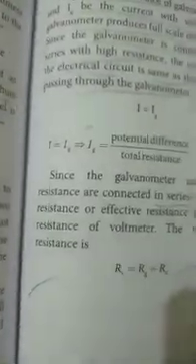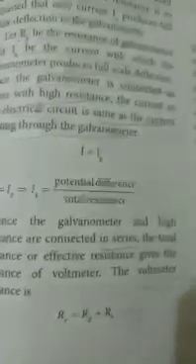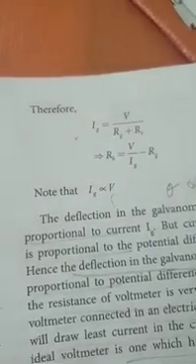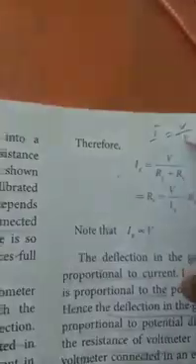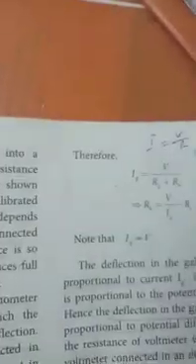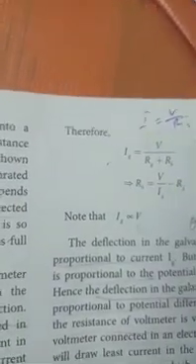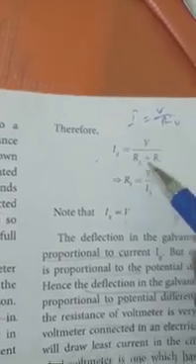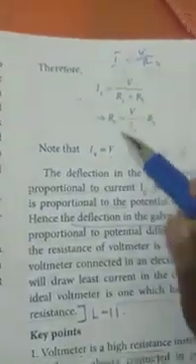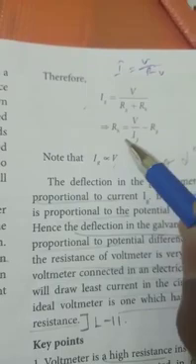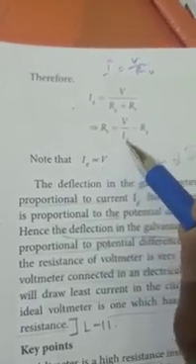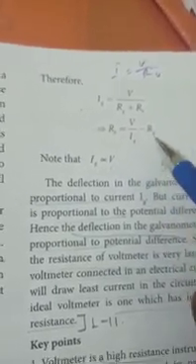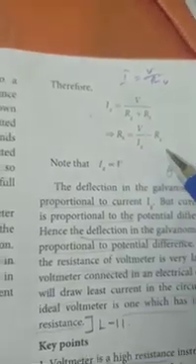Next we need the current Ig. So I is equal to V by R, with effective resistance RV equal to Rg plus RH. So I is equal to V by RV, so V by Ig is equal to Rg plus RH. From this, cross multiplying, we get RH is equal to V by Ig minus Rg.